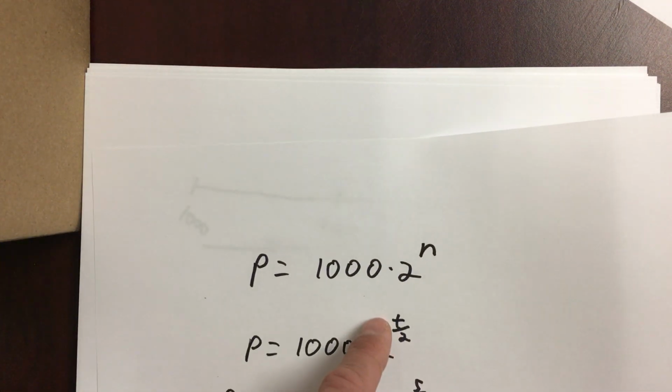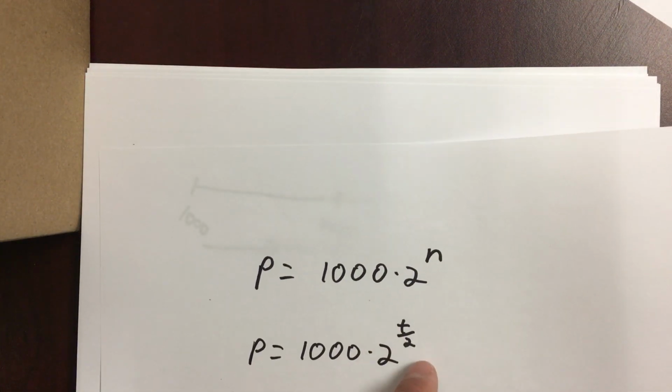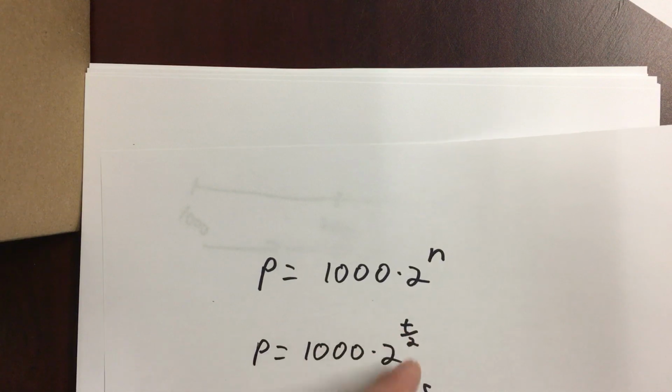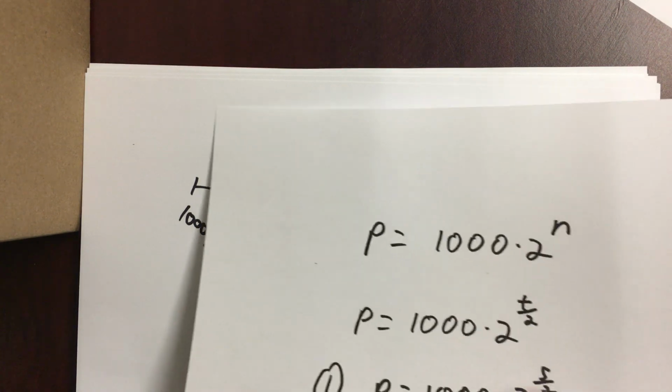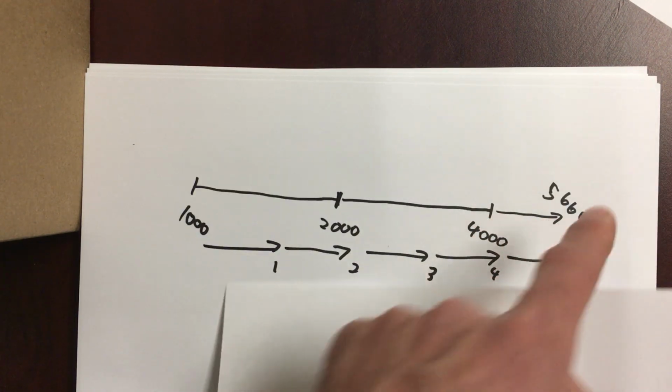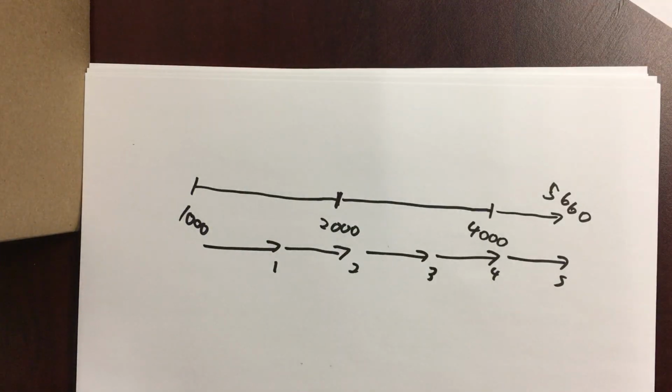When t is 4, it gives us times 2 and then times 2, because 4 over 2 is 2. So we end up with 2 squared. So we go from 2,000 to 4,000. But this is going to give us the right answer everywhere in the middle as well. Okay, so let me answer the question now. I'll do it a little quicker for 1 day and for 1 week.